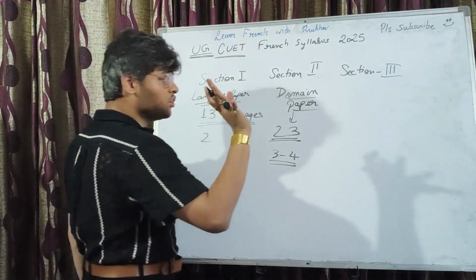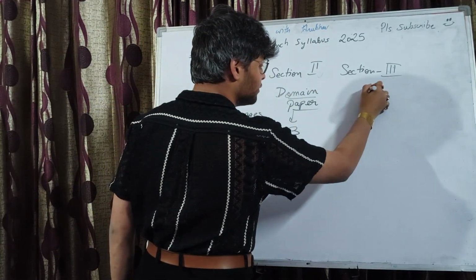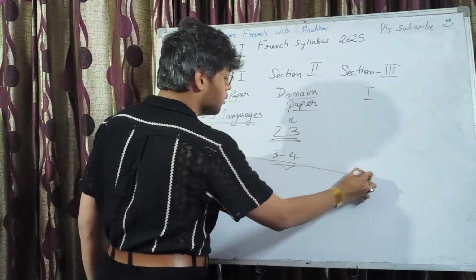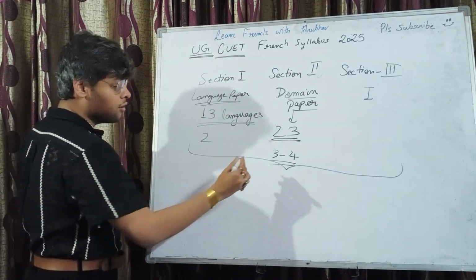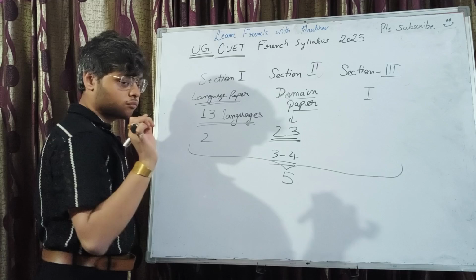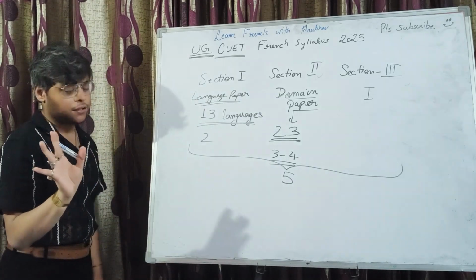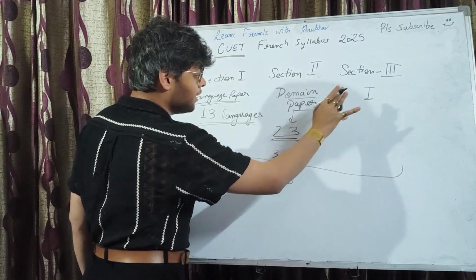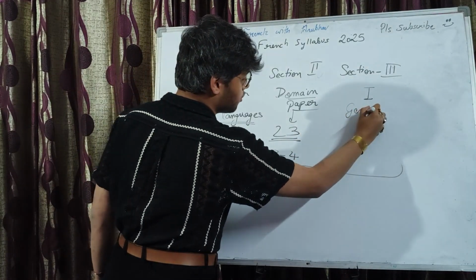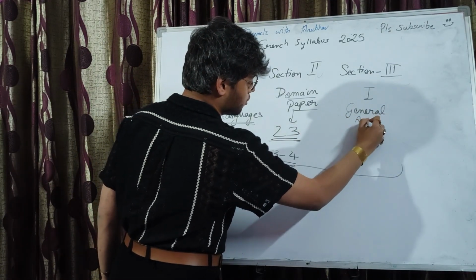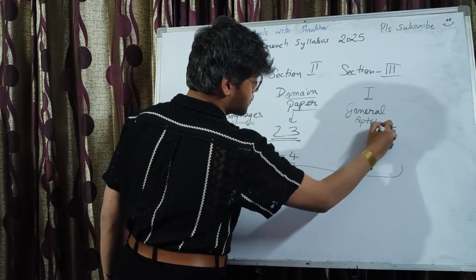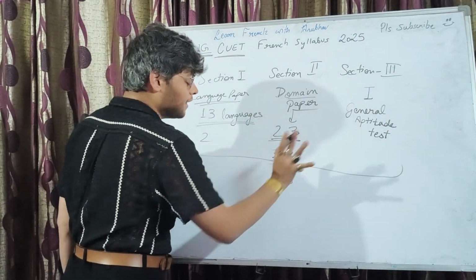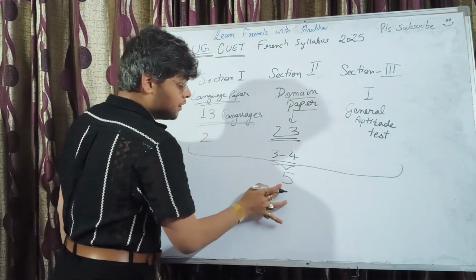And section 3 is a general aptitude test. So it is only one in number. Okay. Now, these all should not exceed 5. Getting the point? Language paper, domain paper, and the general aptitude test. These three together should not exceed 5.